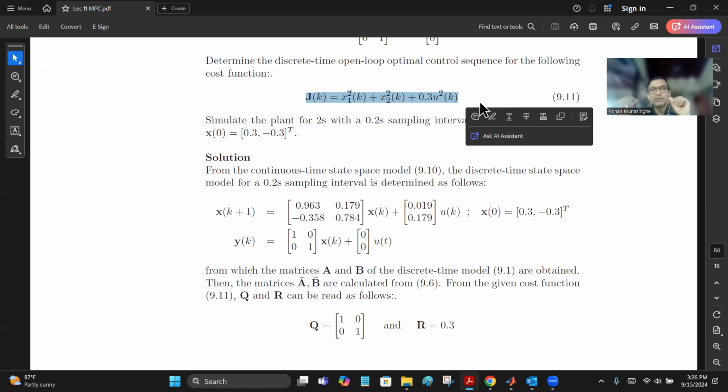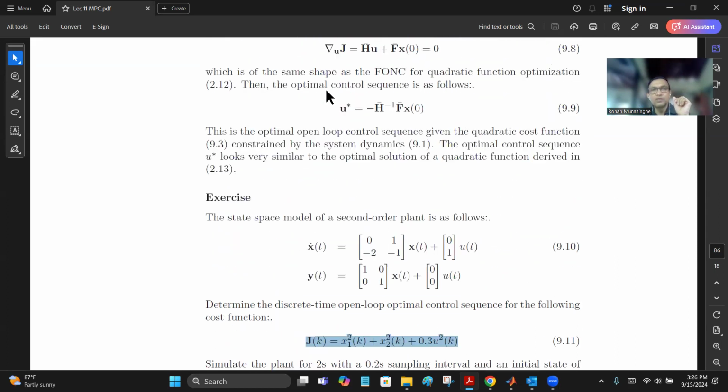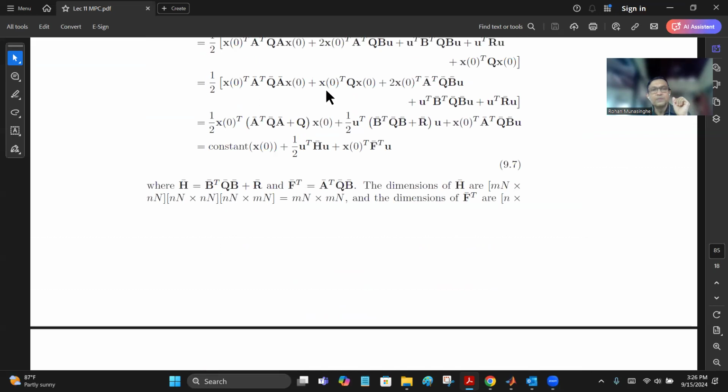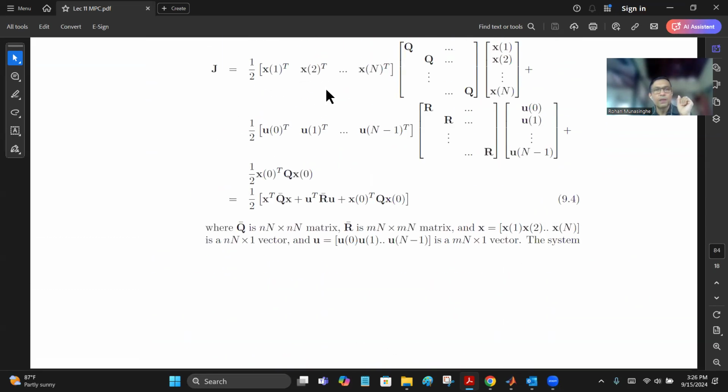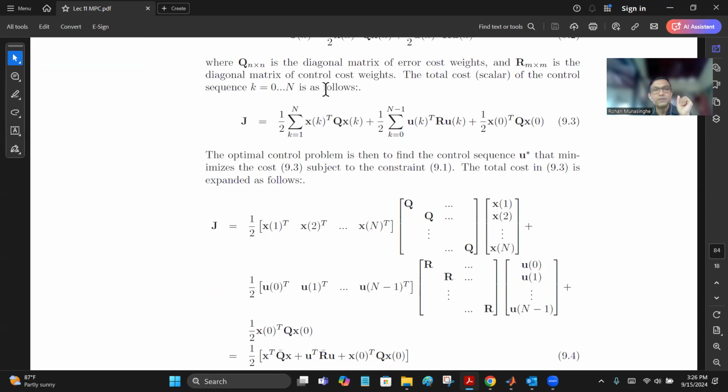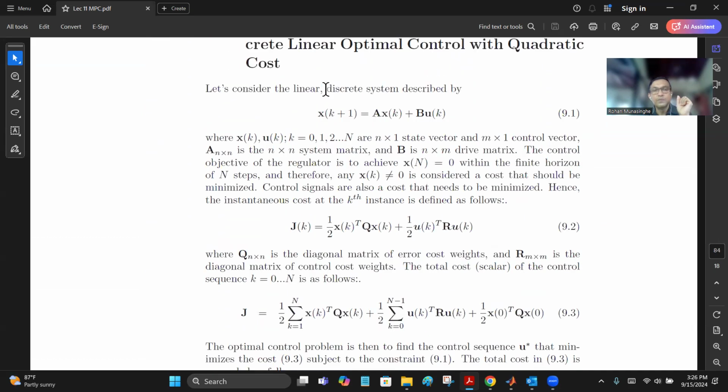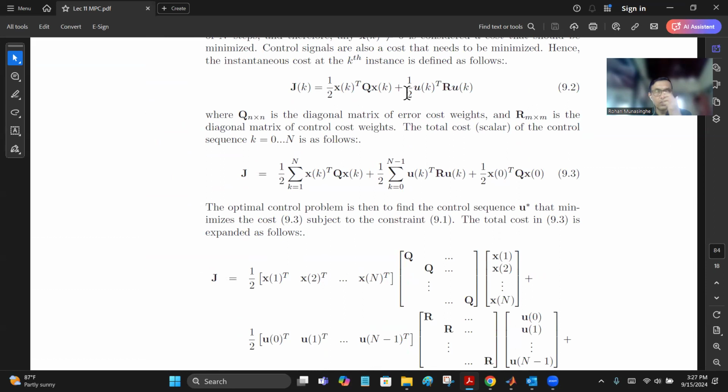So in that format. Okay, if you want, I can bring it in briefly. When you write down the cost, this is how we wrote the cost, right?